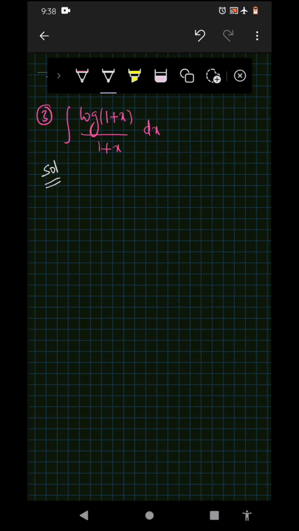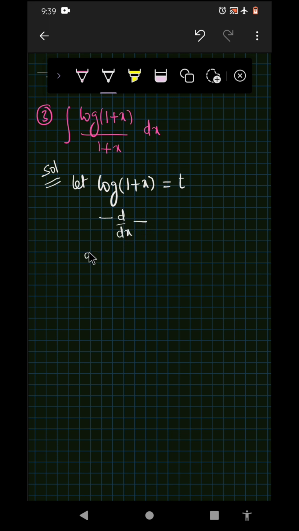Next problem, integration of log of 1 plus x by 1 plus x dx. To solve this, log of 1 plus x is taken as t. Let log of 1 plus x is equal to t. Now differentiate on both sides with respect to x.